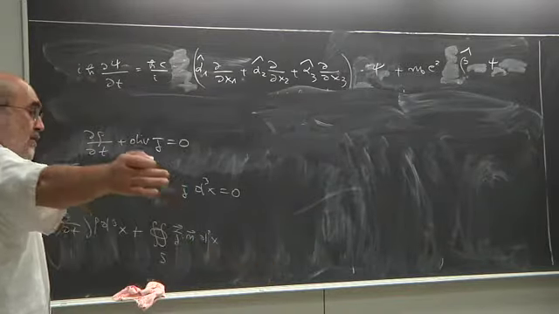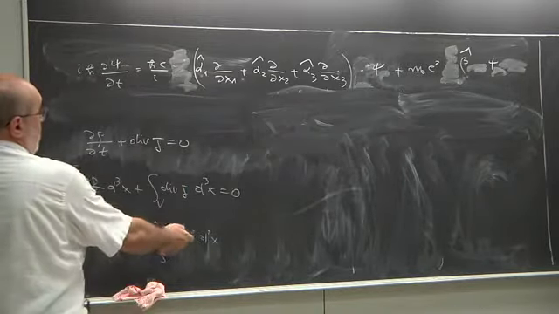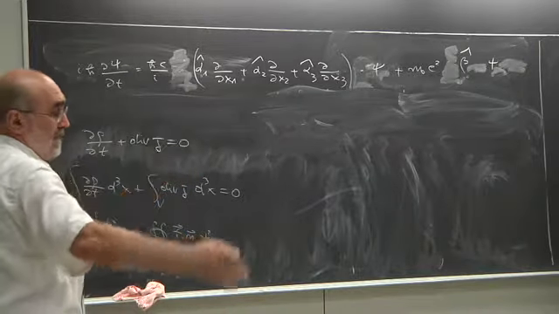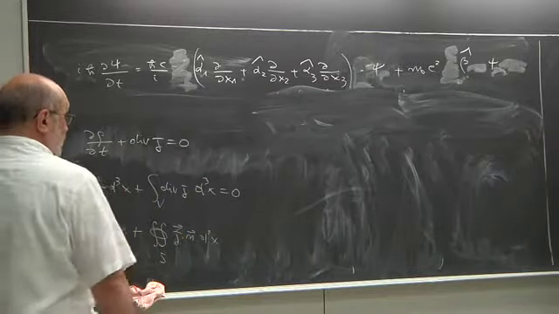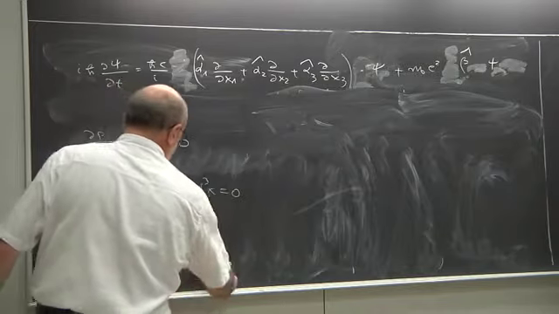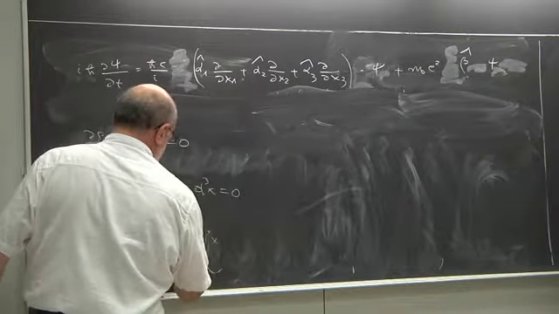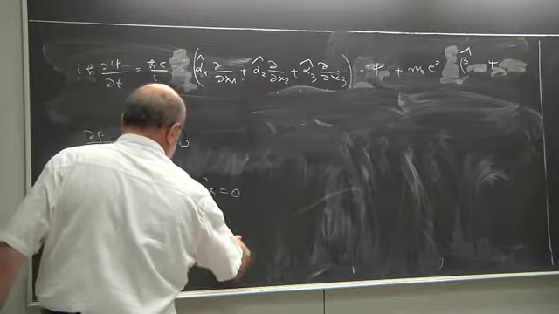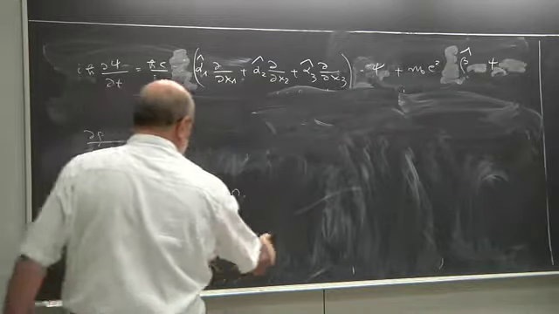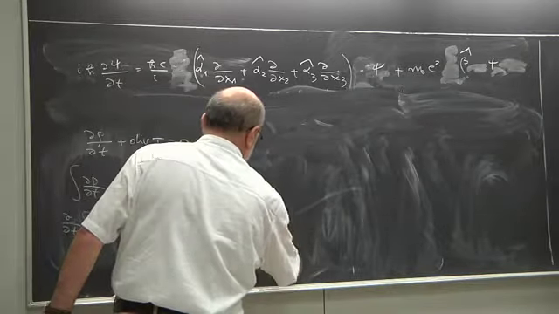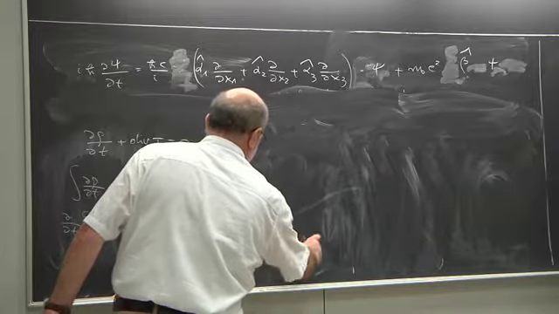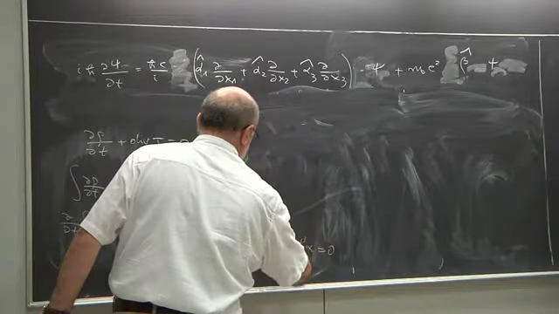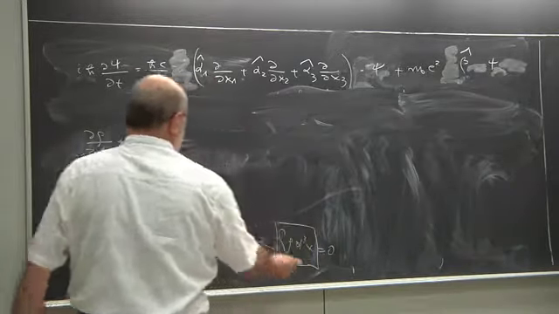Then if you take the surface to infinity, and you suppose the fields are normalizable, the currents go to 0. So this part goes to 0 when you send S to infinity. And what you are left with is that d/dt of ∫ρ d³x is equal to 0.